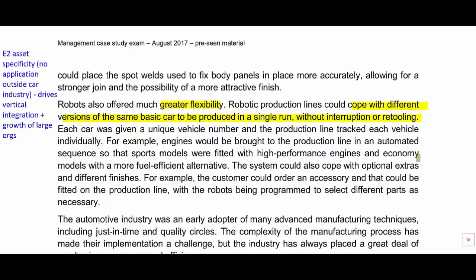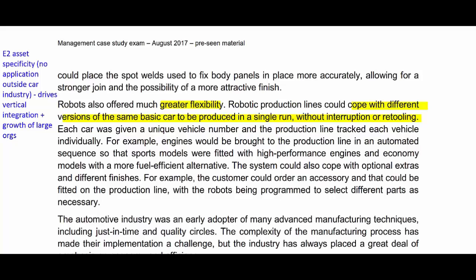We are told later on in the pre-seen, retooling is a significant cost for car manufacturers, and it involves having to stop the production to set the robots up in a different way, to give them new tools to adapt to new models and new specifications, etc. That need is being reduced with modern robotics.